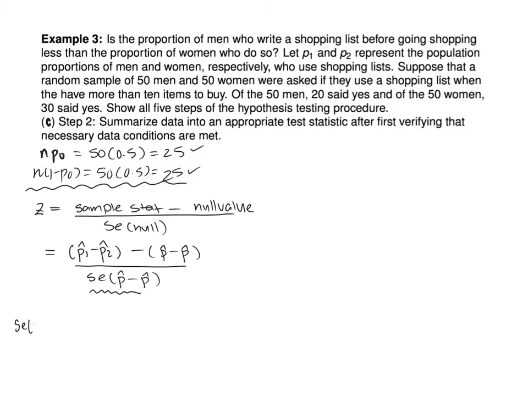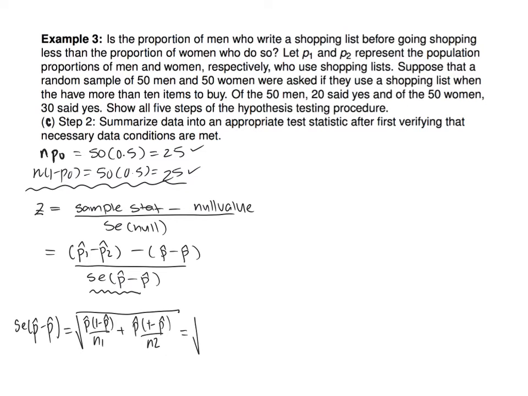So the standard error of P1 hat minus P2 hat is equal to the root of P hat times (1 minus P hat) over N1 plus P hat times (1 minus P hat) over N2. And that is the formula above from the very top of your page, just with P hat plugged in.